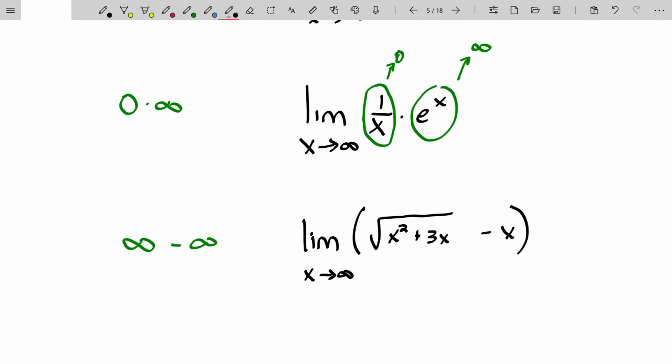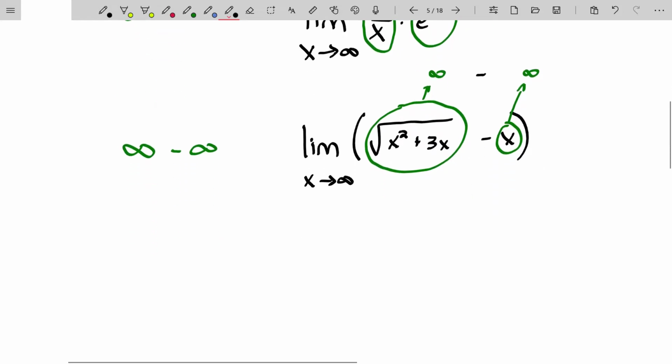That would be infinity minus infinity. That's the indeterminate form there. And of course, we know what to do with that. With that one, you would multiply numerator and denominator by the conjugate. And so we have some experience with dealing with those.